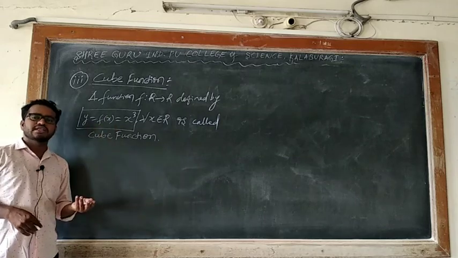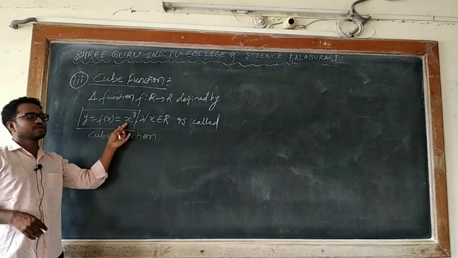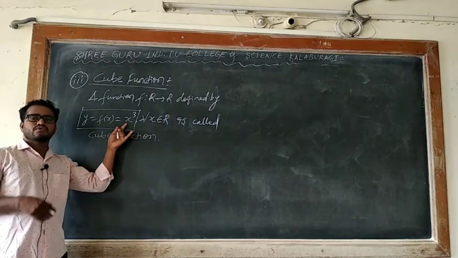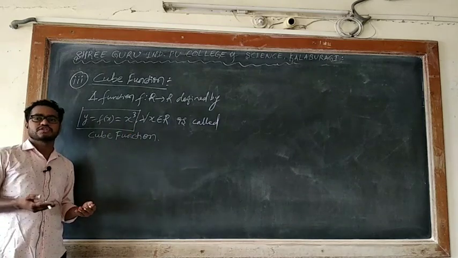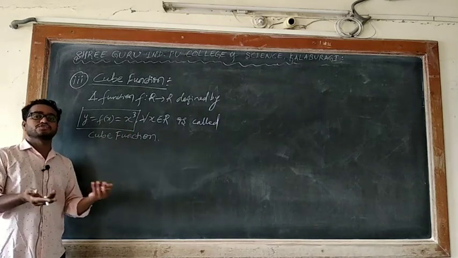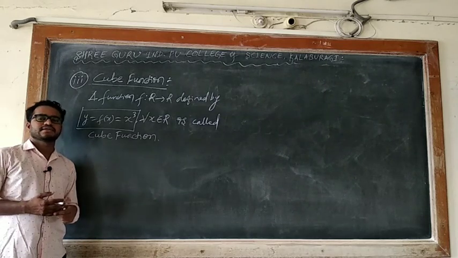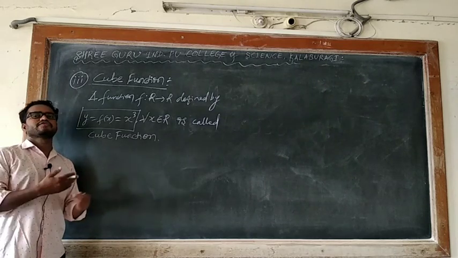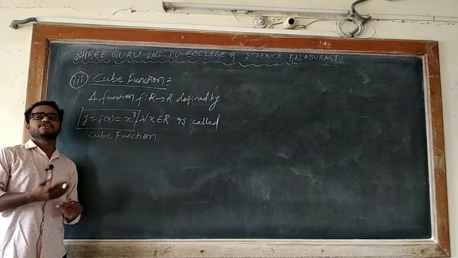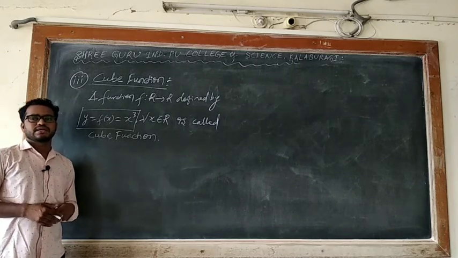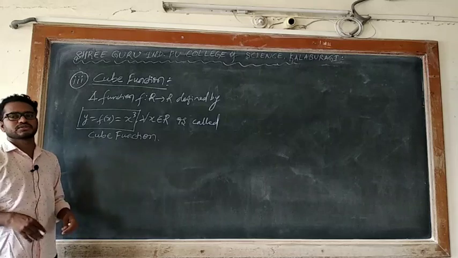You can take more than that. If x is 4, 4 cube is 4 into 4, 16, 16 into 4, 64. If x is 5, cube is 5 into 5, 25, 25 into 5, 125. Like this you can take so many values.